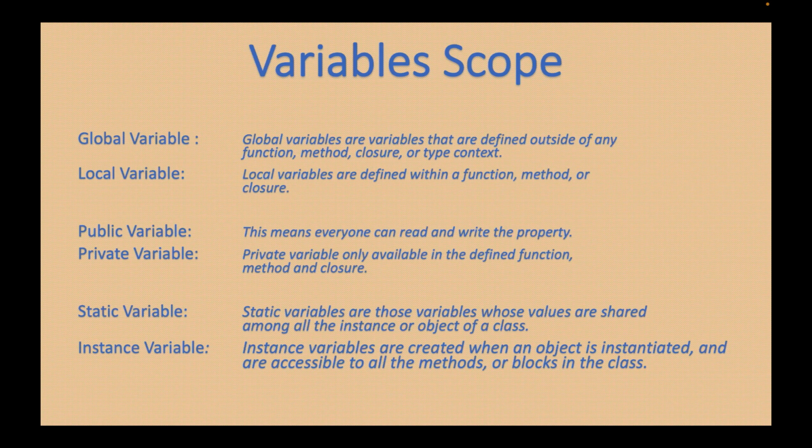When I say local, it is available only within the function or method where it is defined. And next is public or private. That means a public variable can be read and written anywhere, while private can only be read or written by the defining function or closure. And there are static variables or instance variables also. So we will study them later on.